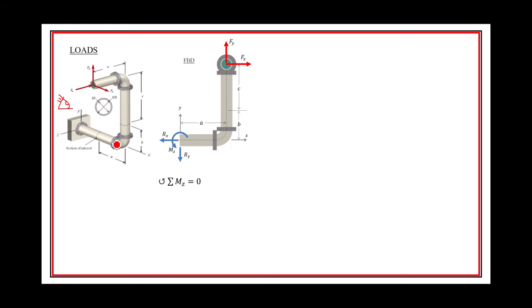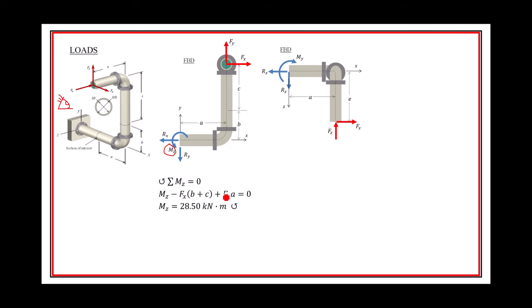Sum the moments about the Z-axis, and we have the reaction moment Z. Of the three free body diagrams for this problem, this is the one where the X force is going clockwise, but it's competing with Y, which is going counterclockwise. It depends on what the magnitudes were, but it does turn out that Z is in fact going to be counterclockwise, the reaction moment.